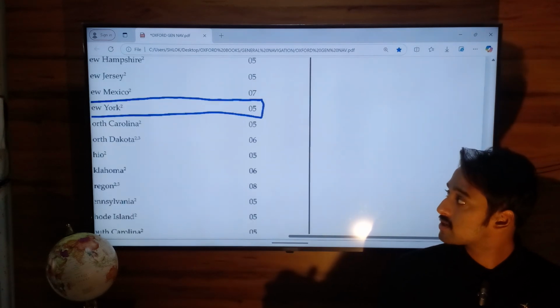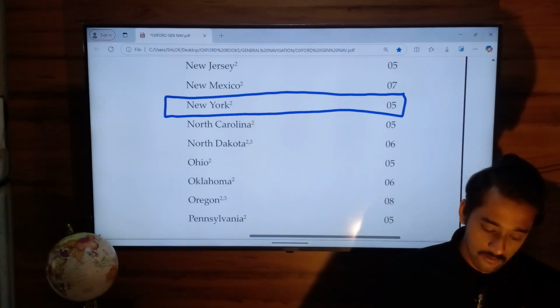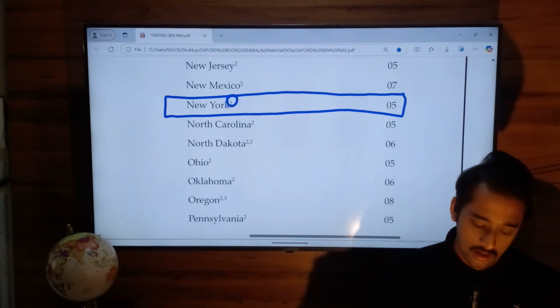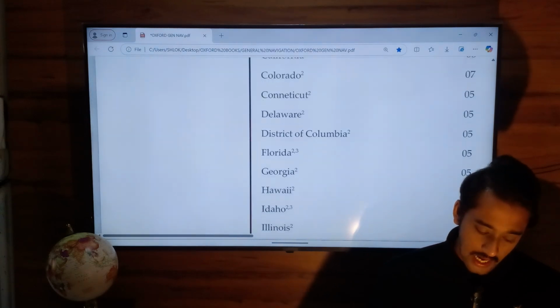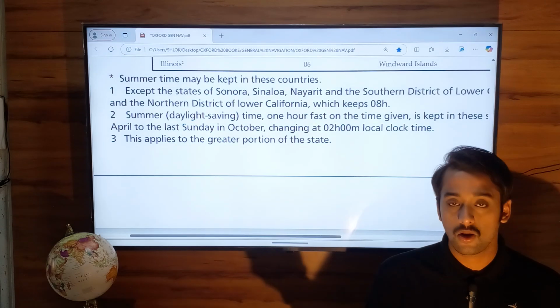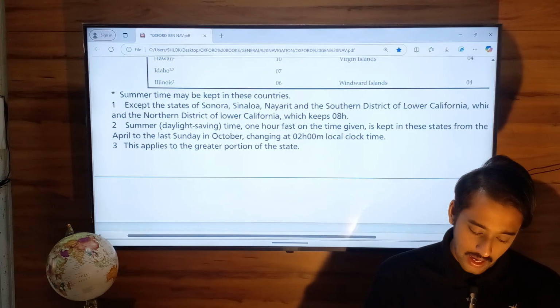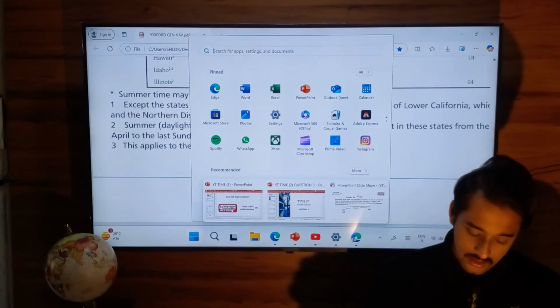As you can see, New York 05. And there is a note over here which says the time given here is summer time, which is 1 hour fast on the time given. So that means the correction that we will apply is 4 hours.